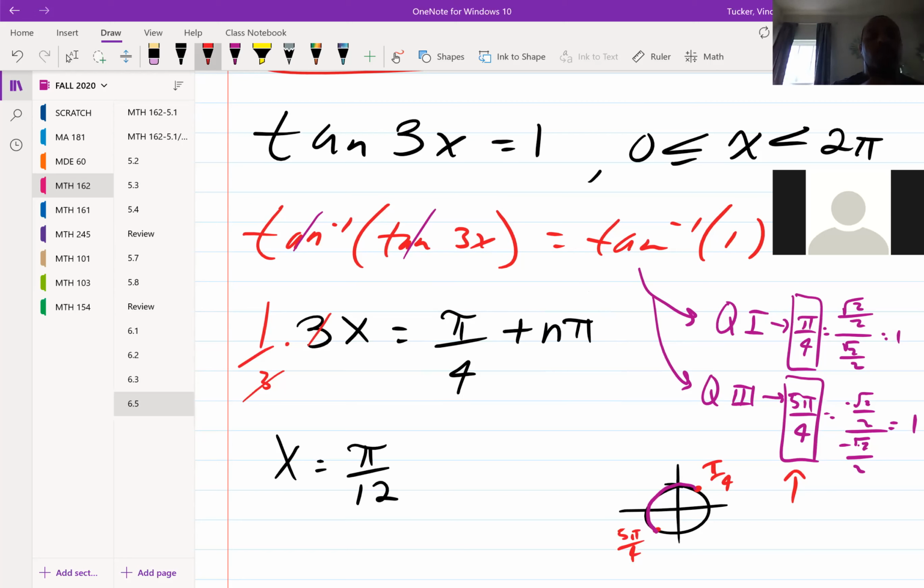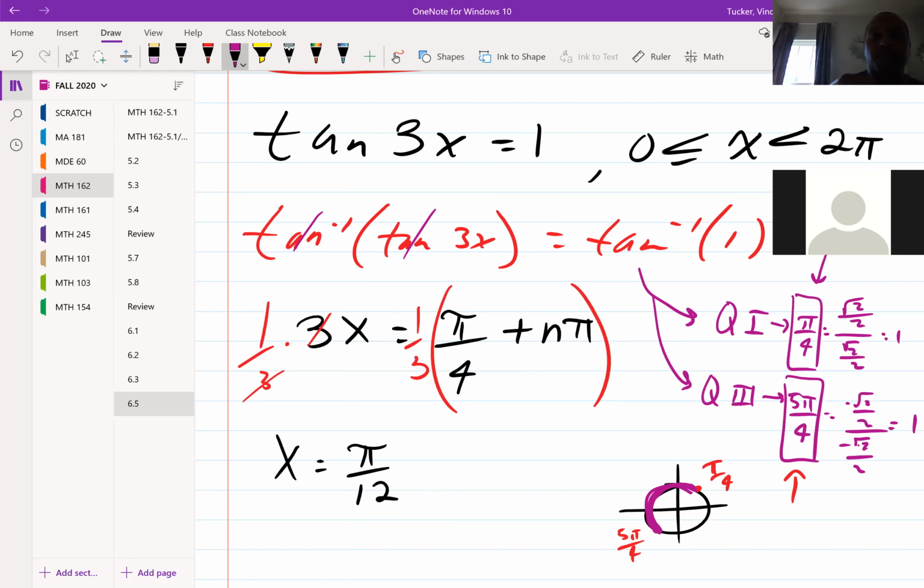So why I did that is because I want to write this answer as simply as possible, and as far as the book is concerned, they want you to write it this way as well. Instead of giving you both pi over 4 and 5 pi over 4, they would rather you write it this way. You write the pi over 4, and then you go just half of a rotation, which is pi. A full rotation is 2 pi.